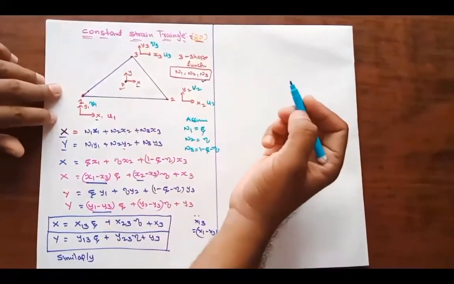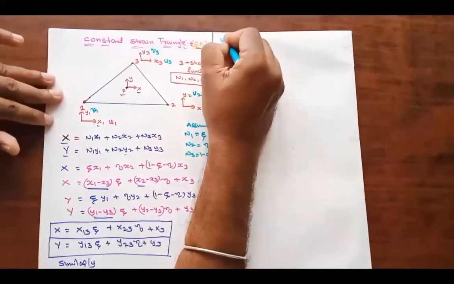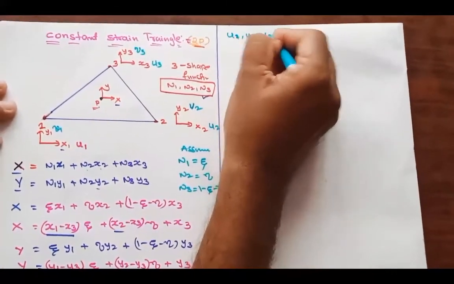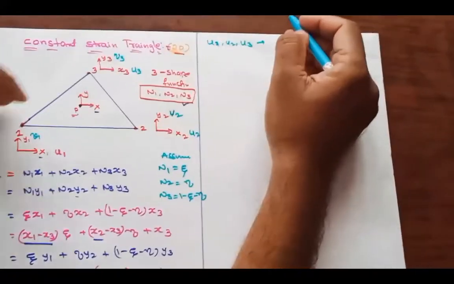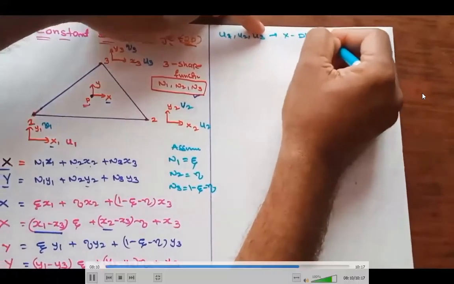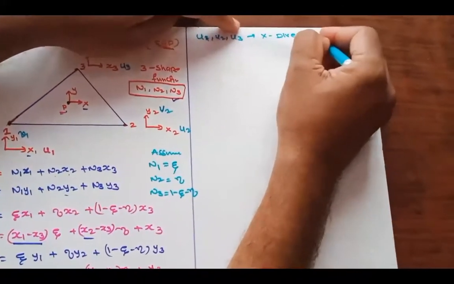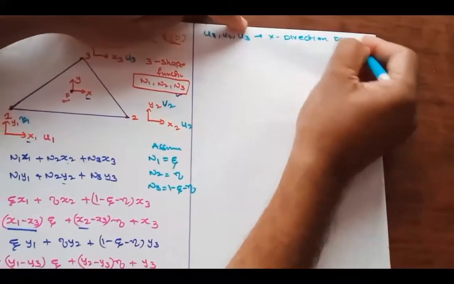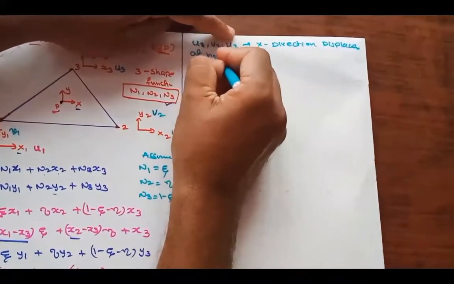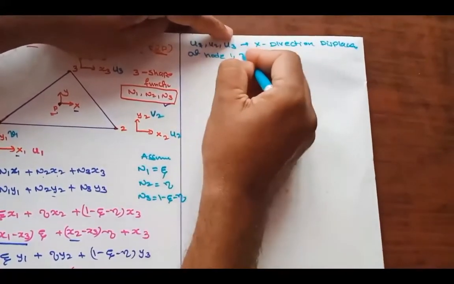Now here let us say that u1, u2, u3 are the x directional displacements at nodes 1, 2, 3.